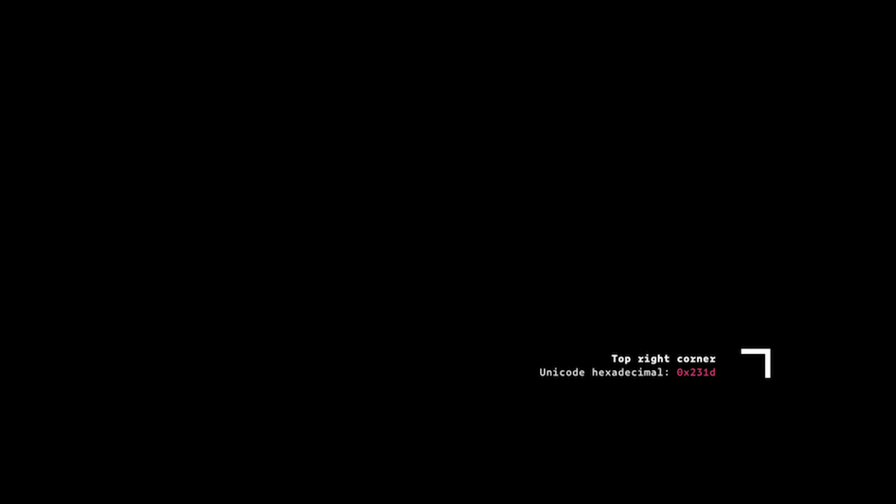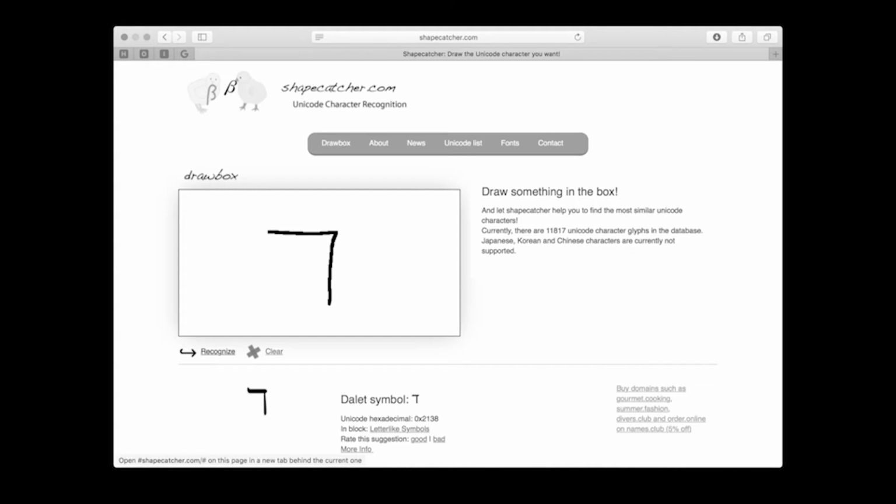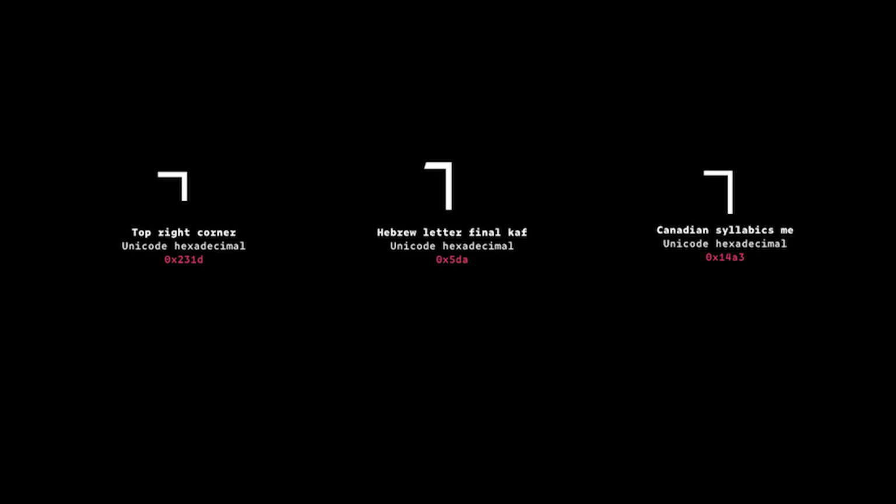And sometimes you wonder, does this character exist in Unicode? There's this great website, Shapecatcher, where you can just draw something, and then it will tell you, okay, those letters exist. So we see, if you draw this angle or this hook, it shows me various different characters which are in the Unicode.